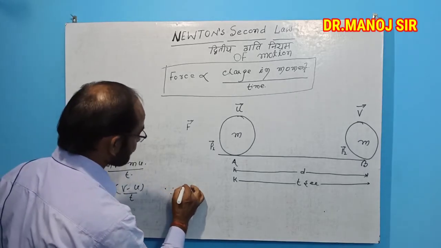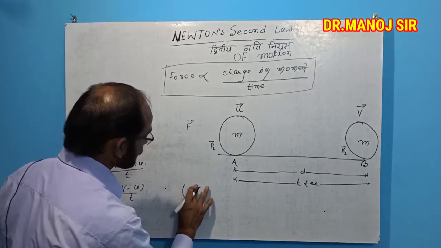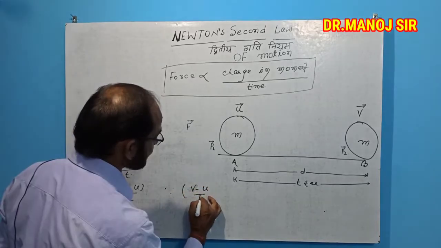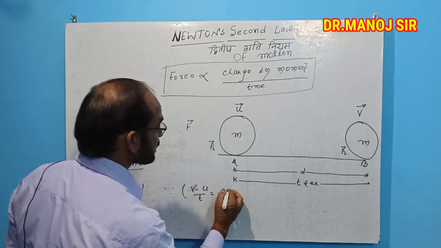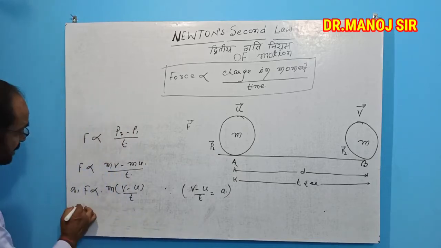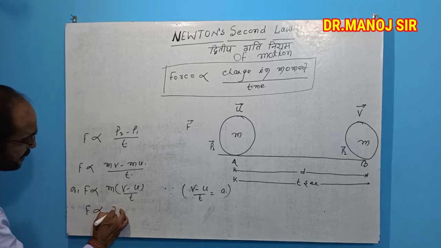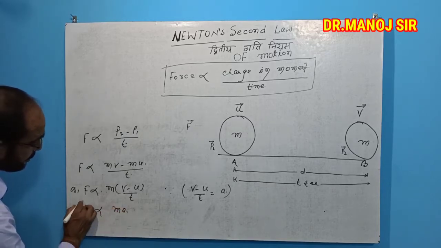Therefore (v minus u) upon T is acceleration. Hence, we may write here F varies as ma.